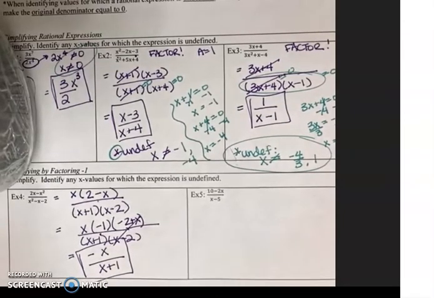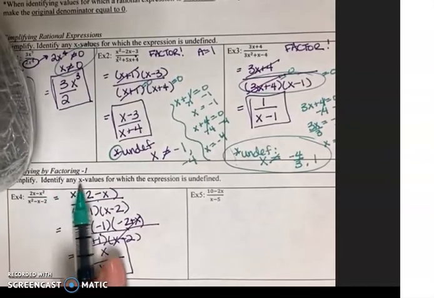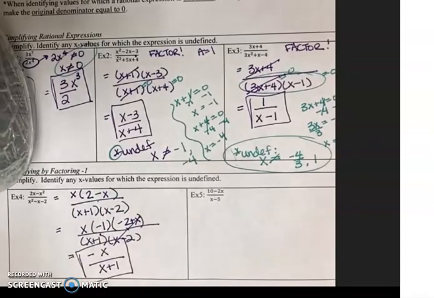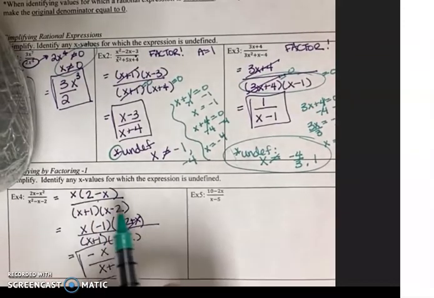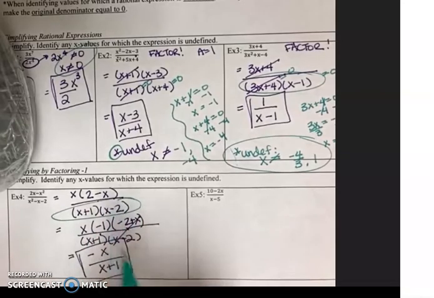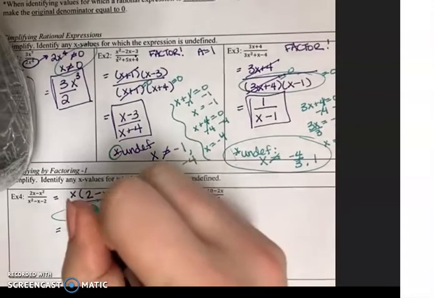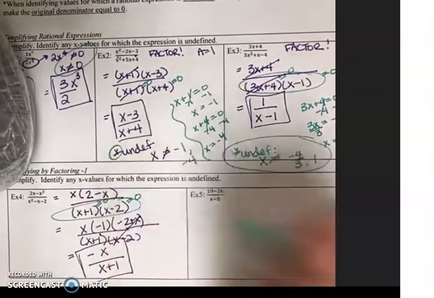Now I'm not done yet because it also asks in the directions to identify any x values for which the expression is undefined. So a function is undefined when the original factored denominator is set equal to 0. So I'm just going to set both of these equal to 0.